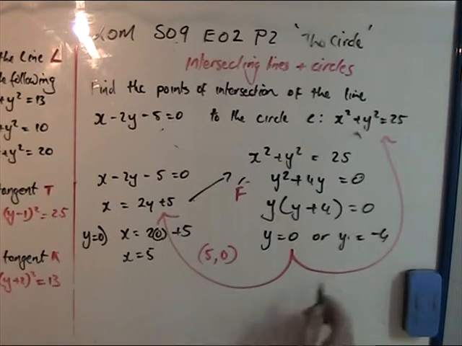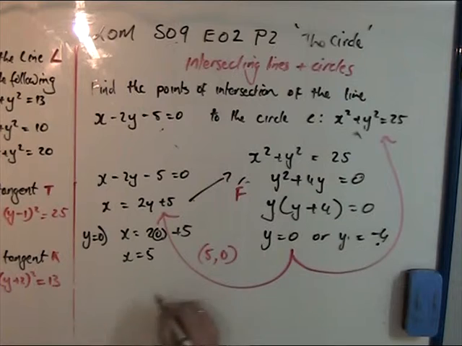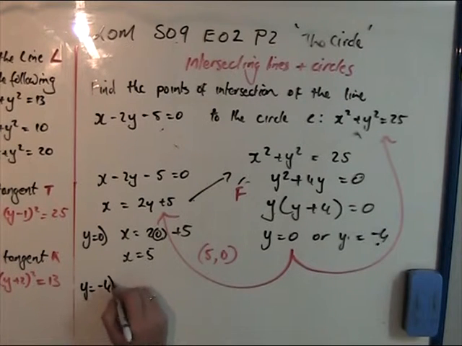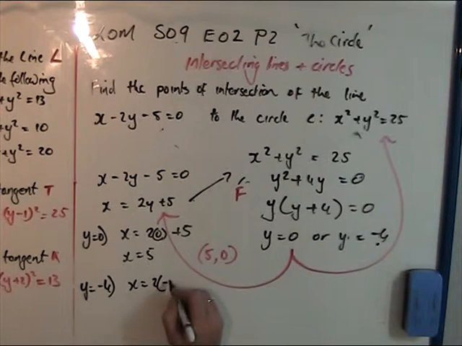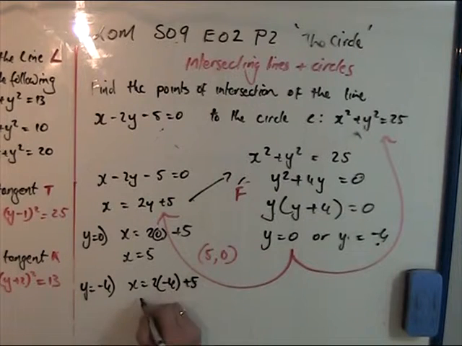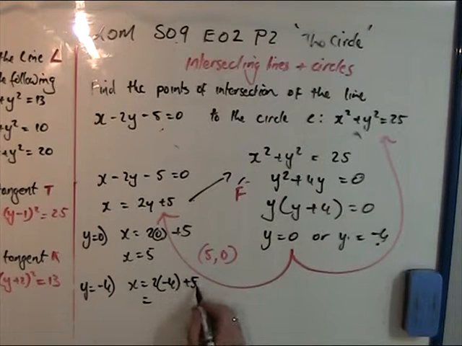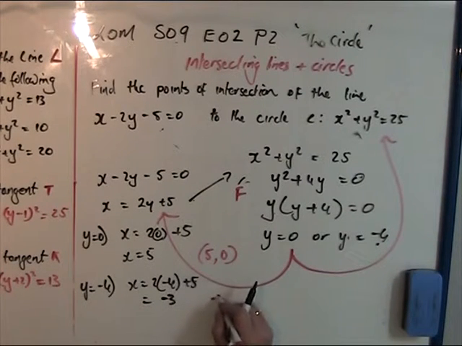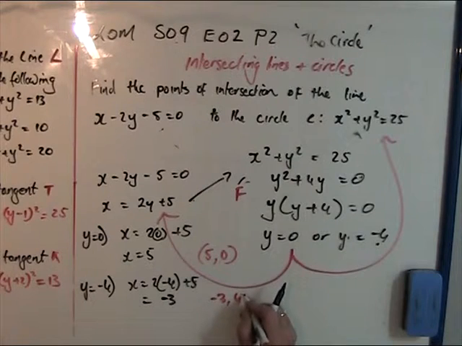And then where y is equal to minus 4, x is equal to 2 times minus 4 plus 5, which is minus 8 plus 5, which is minus 3. So you get the point minus 3, minus 4.